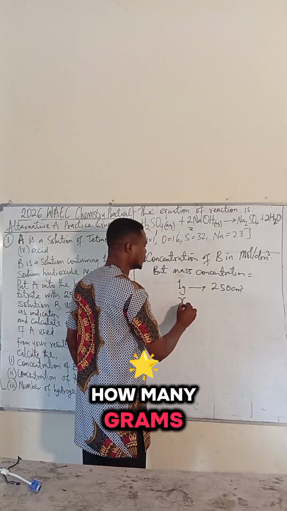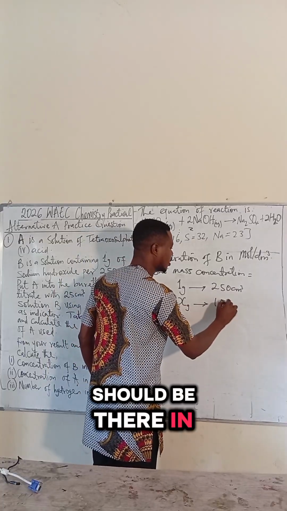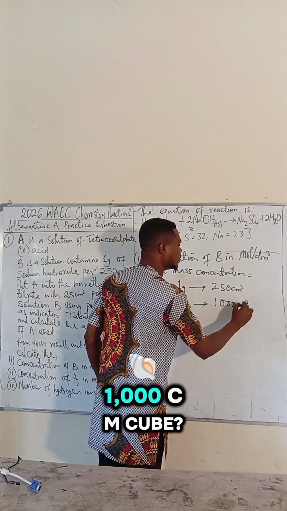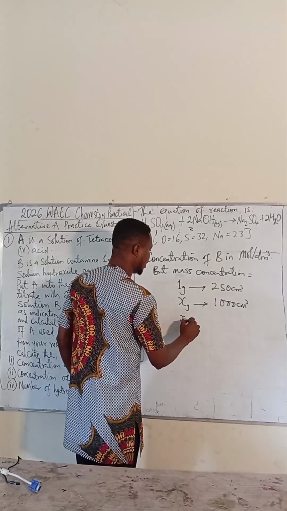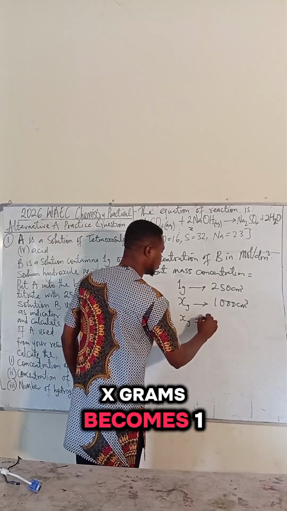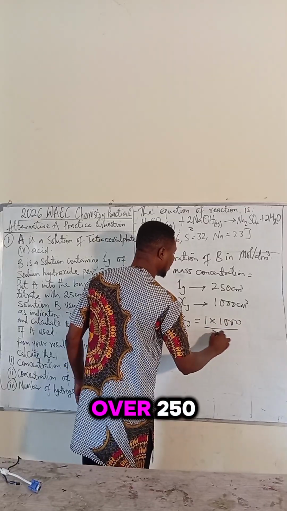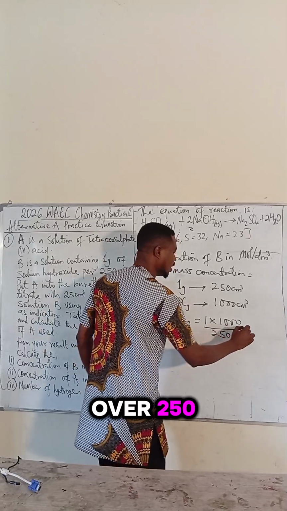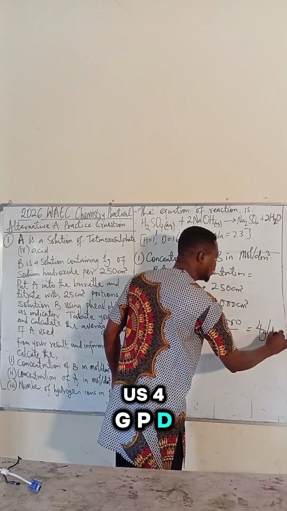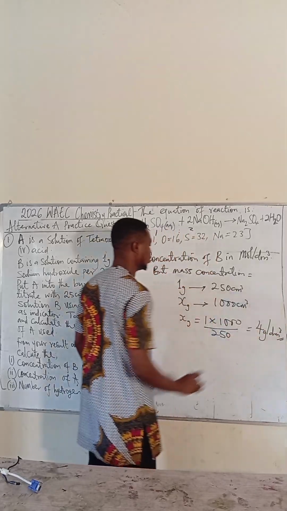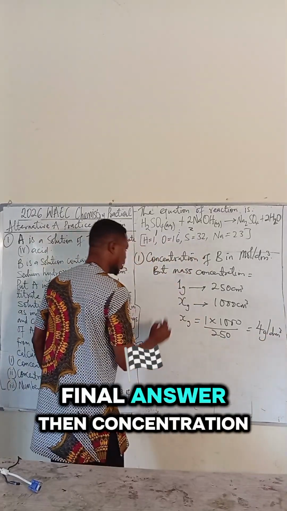How many grams should be there in 1000 cm3? X grams becomes 1 times 1000 all over 250, and that will give us 4 grams per dm cube. But that is not the final answer.